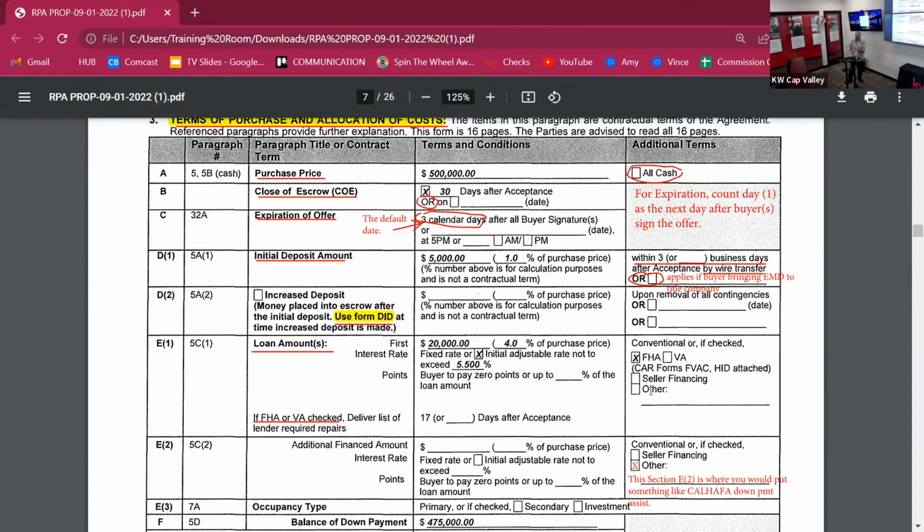Now, that being said, if the property didn't appraise, the seller can save the deal by saying, fine, I'll drop the purchase price to the appraised amount. Or it could be saved because the buyer says, I know I'm a veteran and I know I don't have to buy it, but in order to get the loan, I'm willing to come up with a down payment to bridge the difference in the low appraisal.